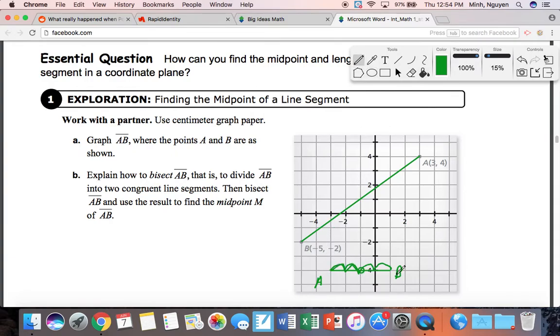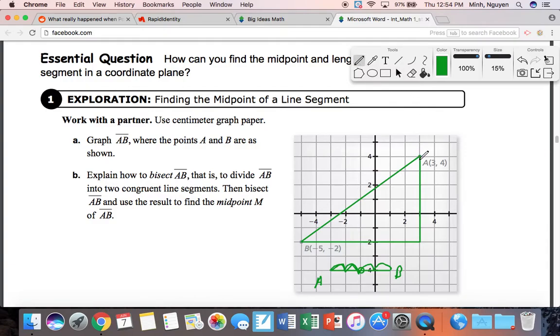So really, I just had to count the spaces between A and B and split the difference, or go half of it, or divide by 2. There's a bunch of different ways to express that idea. But because this line is diagonal, it's hard to just split the difference. So I'm going to break this up into 2 parts: the distance between the 2 points horizontally, and the distance between the 2 vertically.